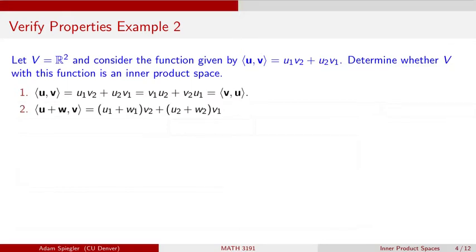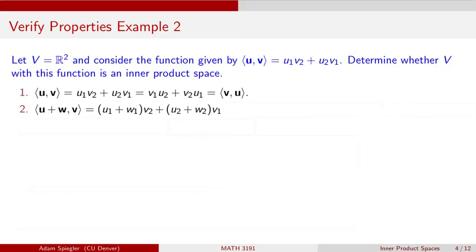The second property is dealing with, well, what happens if I first add vectors u and w and then take the inner product with v? Is that the same thing as if I added the inner product of u and v with the inner product of w and v? So u plus w would have its first component be u1 plus w1. We multiply that by v2, and then we take the second entry in the vector u plus w, which would be u2 plus w2, and we multiply that by the first entry in vector v.